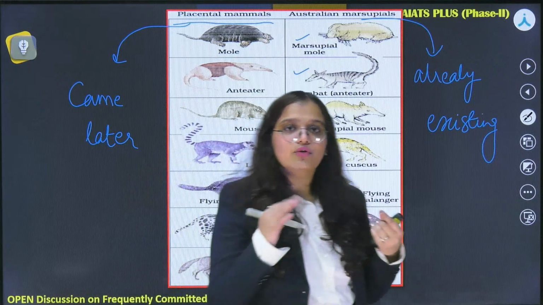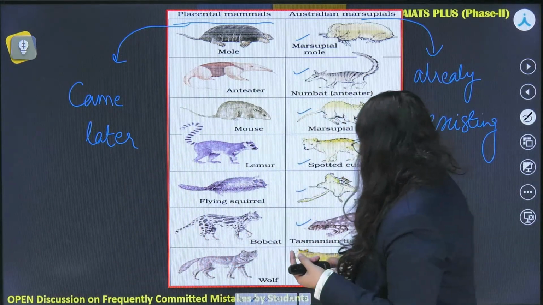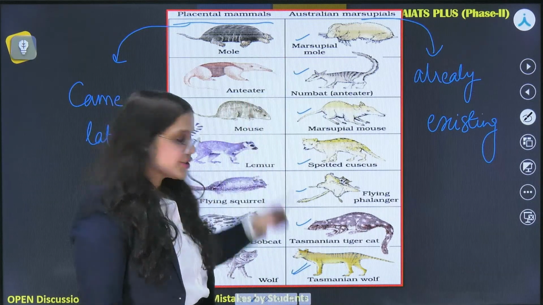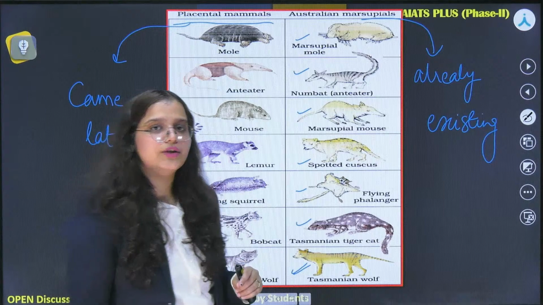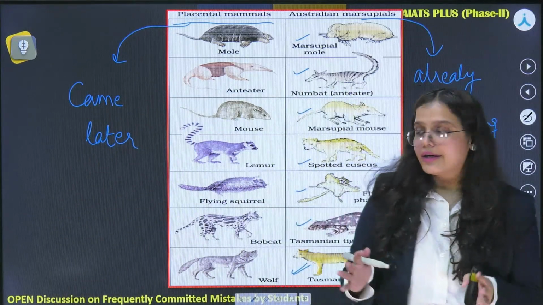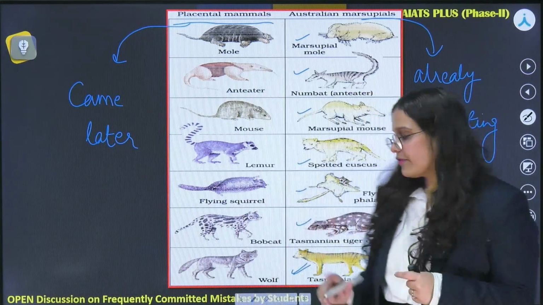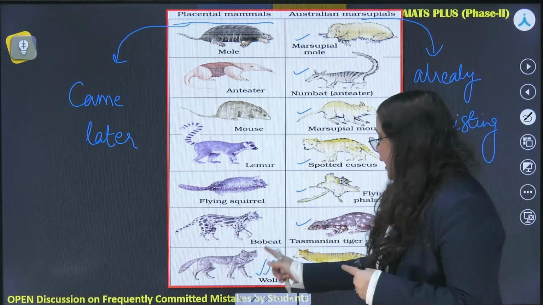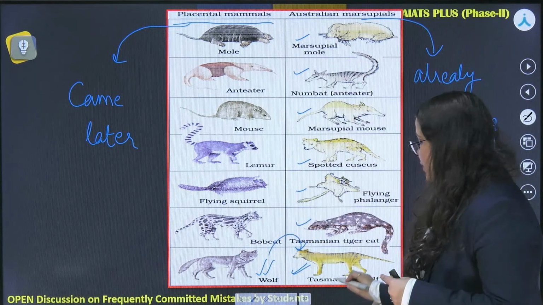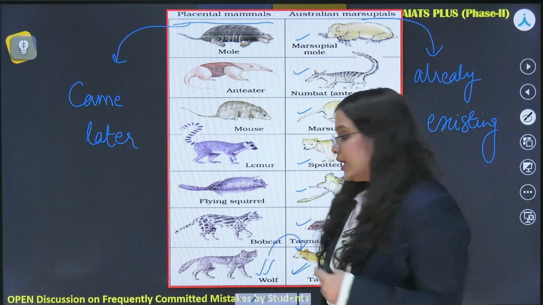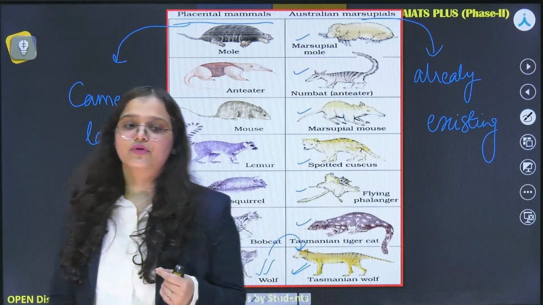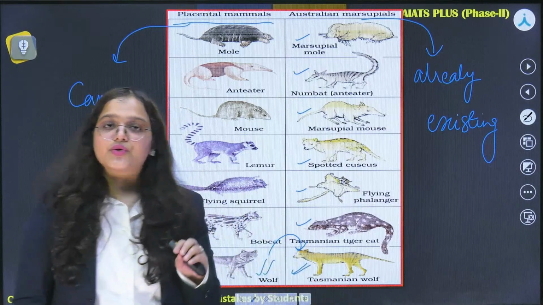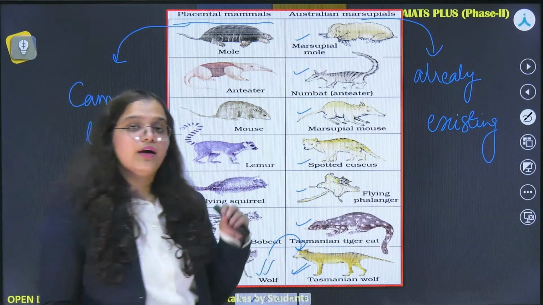For instance, the Tasmanian wolf, the wolf that we have under Australian marsupial, was a carnivore and it was a very scary predator, I would say. So when placental mammals arrived, what the wolf did was it tried to adapt to the characteristics which the Tasmanian wolf exhibited, so that along with the Tasmanian wolf, it can also utilize the resources which were available in that particular niche.